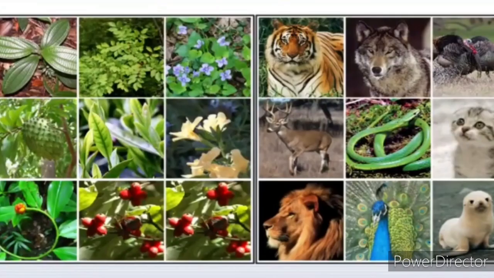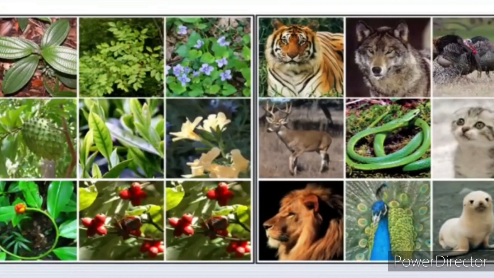Now, in today's class, we are going to discuss the diversity in the living world. Okay, what is the meaning of diversity? Looking around us, we can see a large variety of living organisms. It may be plants or animals, or different types of plants and animals in different forms.